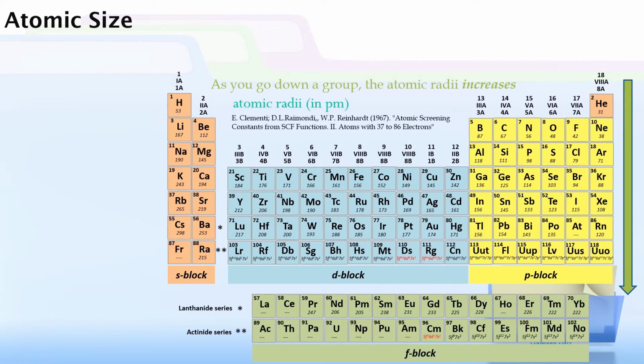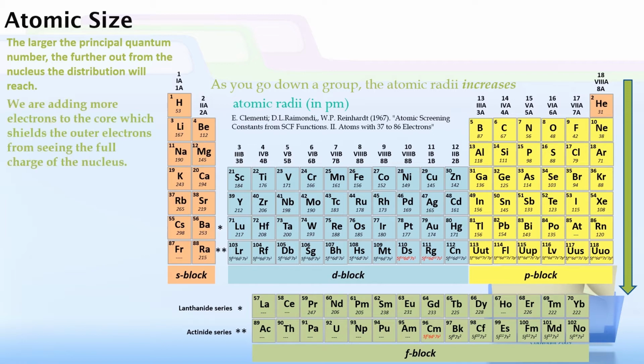Looking at the electron configuration, the principal quantum number of the valence electrons increases as you go down the group. And that quantum number, remember, determines the scope and size of the probability distribution. The larger the principal quantum number, the further out from the nucleus the distribution will reach.